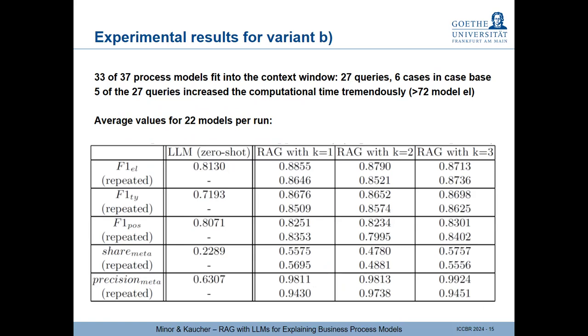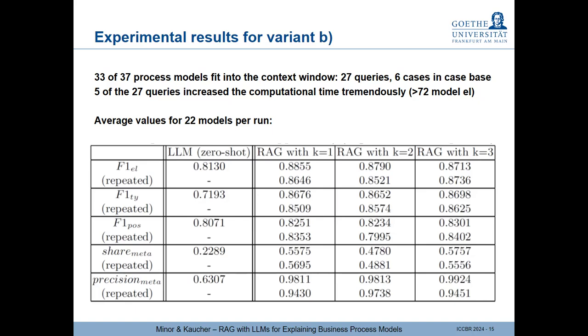So 33 of the models fit into the context window, which makes a case base with 6 cases and a number of queries of 27. So we arbitrarily divided the process models into those 2 amounts. And 27 queries have been asked to the LLM, to the retrieval augmented method on the LLM.